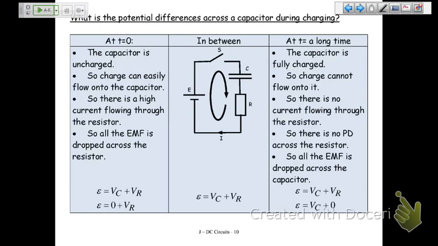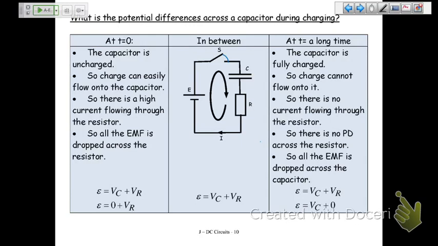Then you close this switch, and typically the way you show that is you do that. Now there's a circuit, and so the charge flows. I can ask you questions about what happens immediately, what happens in a long, long time, and what happens in between.